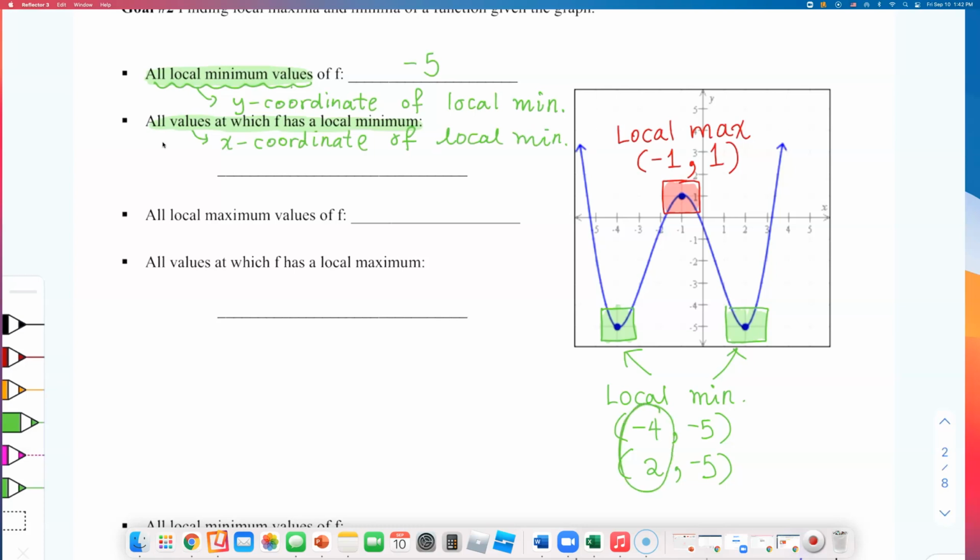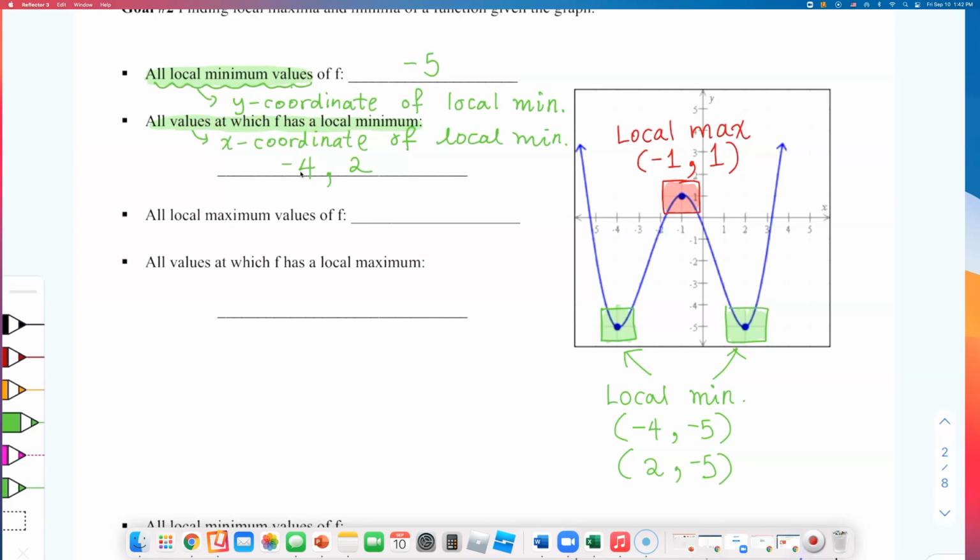X coordinates are -4 and 2. So you have to write down -4, 2. They're asking about the same points, this point on the left and this point on the right. But depending on how they word the question, you need to make sure that you are giving the y coordinate if it's asking for the minimum value. But if it's asking where it is, all values at which f has a local minimum, then you have to give them the x coordinate.